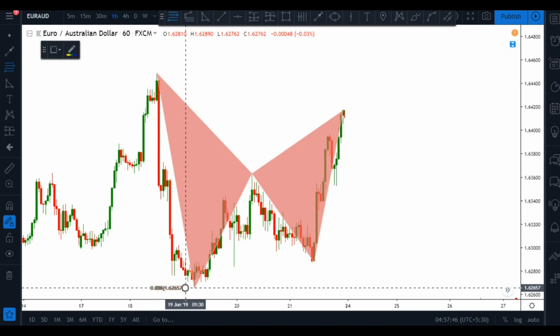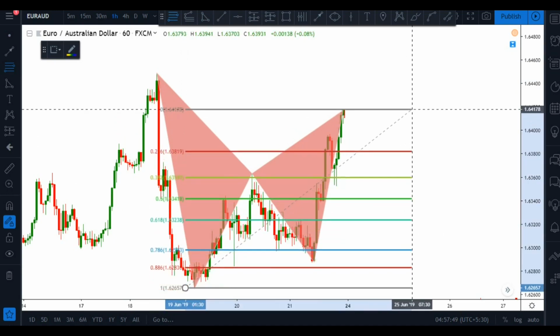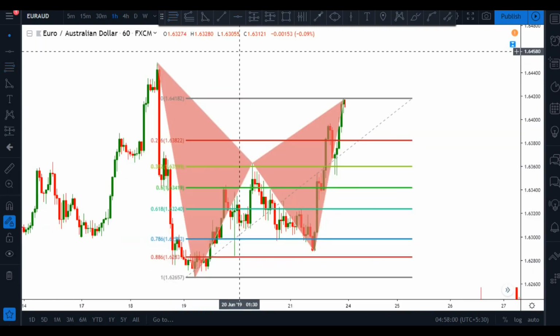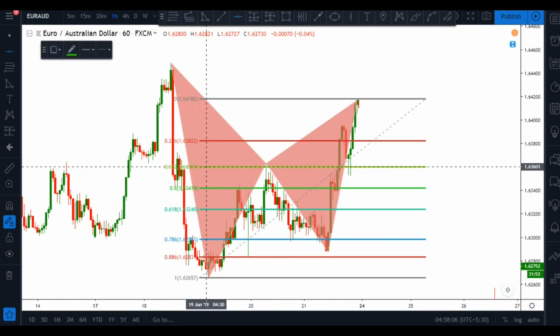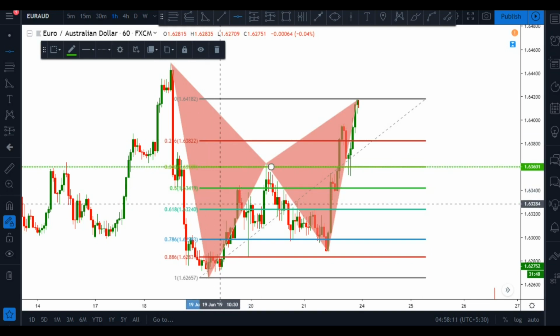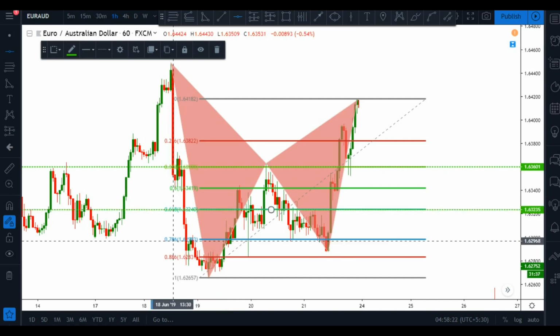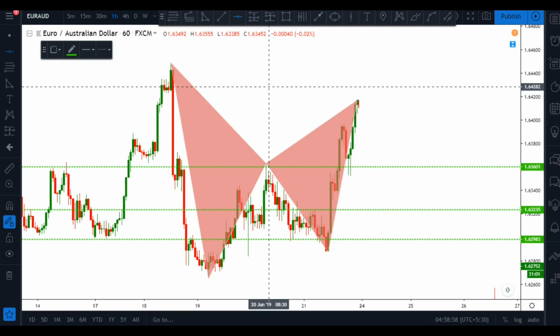For that, I will use Fibonacci retracement like this, and then I consider my first profit objective for the pattern as this 0.382 retracement level, and for the second profit objective I consider this 0.618 retracement level, and I consider this 0.786 retracement level as my final profit objective for an advanced pattern.